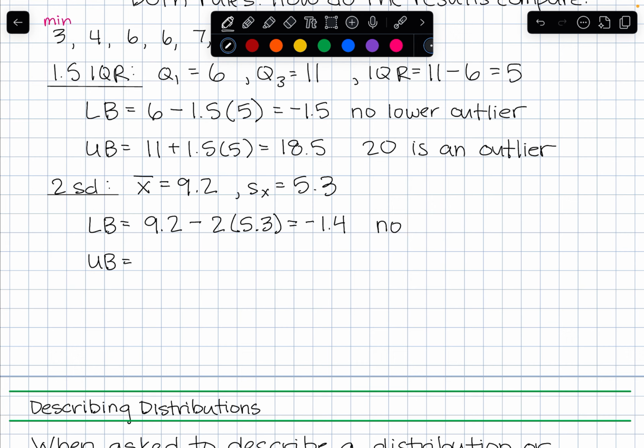So just like with our other rule, we don't find any lower outliers. For the upper boundary, same idea. The mean plus 2 standard deviations. So 9.2 plus 2 times 5.3, and we get 19.8.